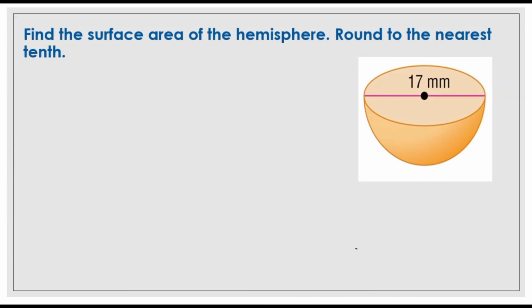Example number 2, find the surface area of the hemisphere, rounded to the nearest tenth. The surface area of the hemisphere we simplified already. That was S equals 3 pi r squared, because we have to include this top lid, or the circle. What is the radius of this great circle? R is equal to 17 divided by 2, half of the diameter that is given.